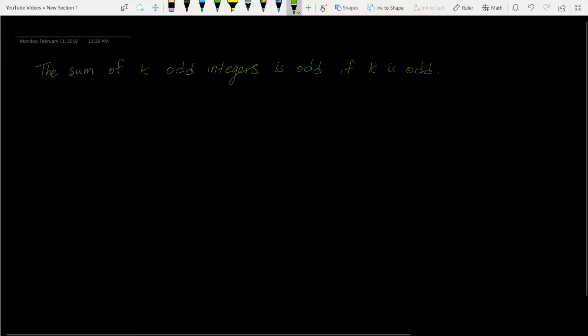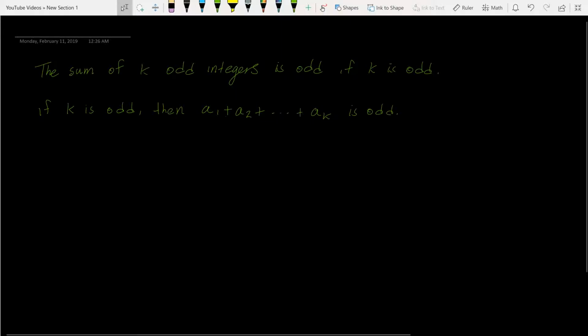This means that if k is odd, then a sub 1 plus a sub 2 plus dot dot dot all the way to a sub k is odd. So that's cool.